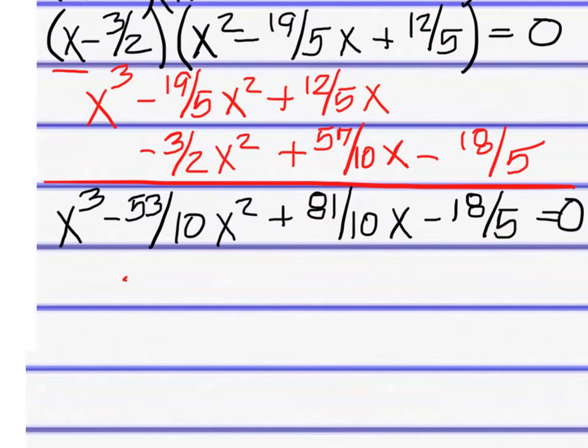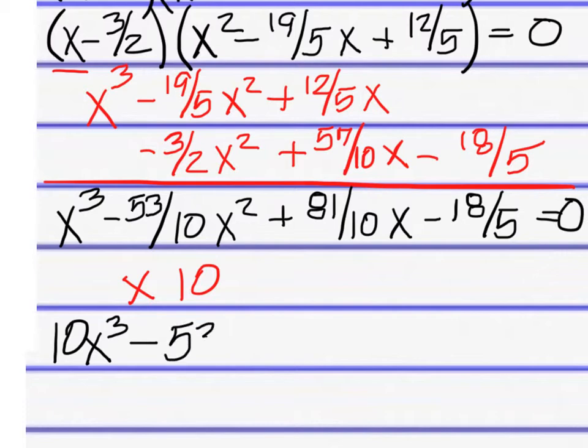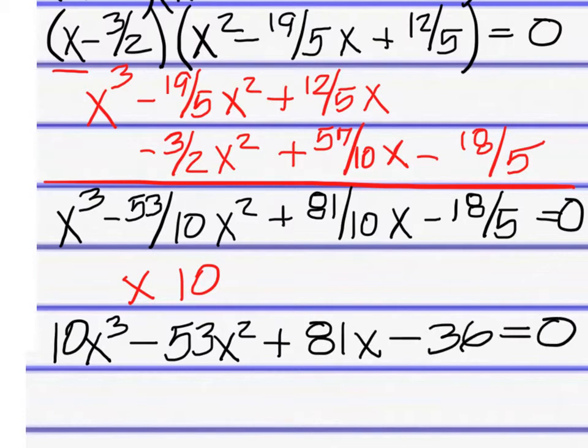So let's multiply by 10 and come up with 10x to the third minus 53 x squared plus 81x minus 36 equals 0.